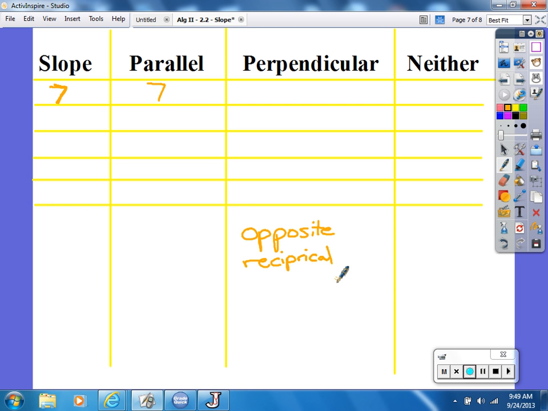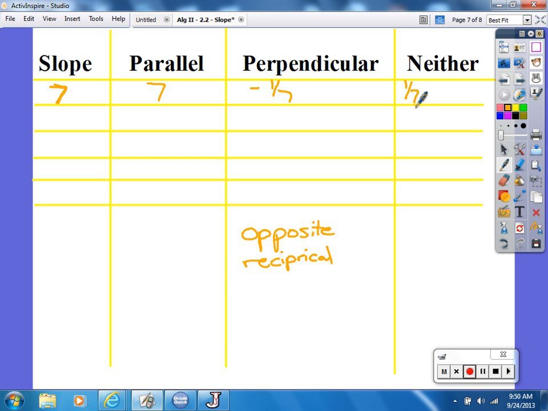Sound good? All right. So raise your hand if you can tell me the perpendicular slope. Close. Close. There you go. Good, Carter. -1/7. You got to switch the sign also. My favorite category is neither. And I'm going to choose 1/7 for neither.